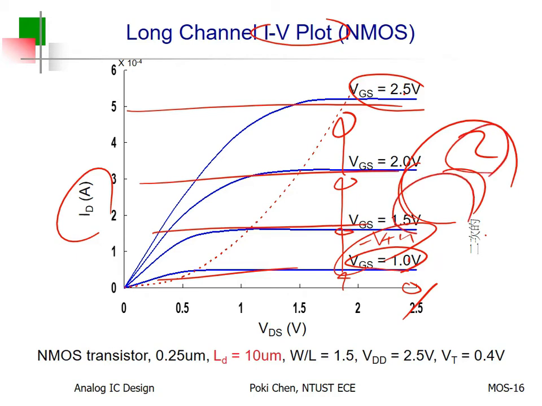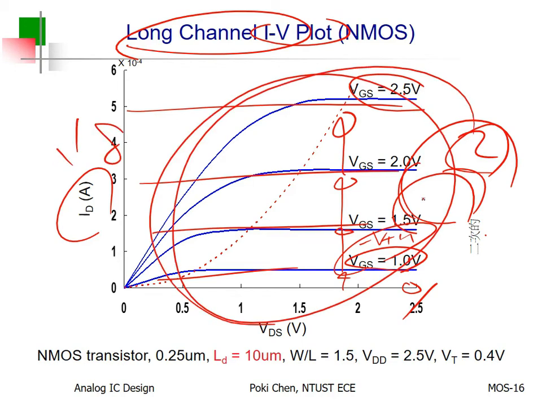That is what you can expect for a long channel MOSFET, or the MOSFET for old processes. For the older processes, it looks like this. Maybe for 0.18, for 0.80 micron, it still looks like this. How about 28 nm? How about FinFET? No, they are short channel MOSFETs.